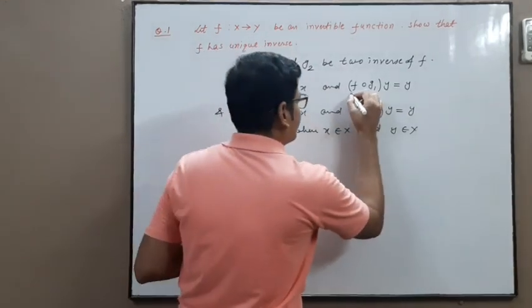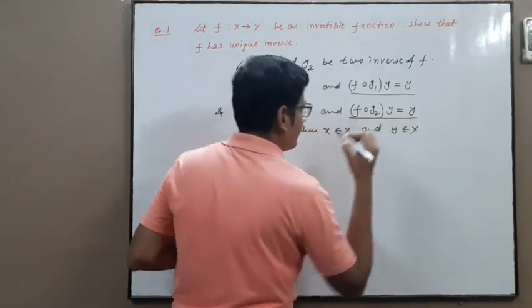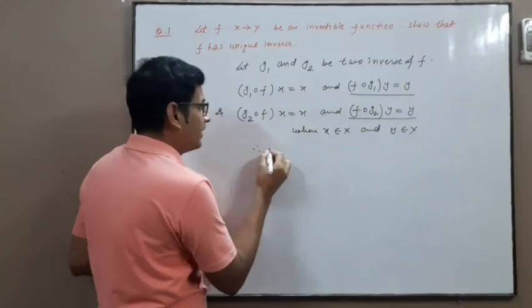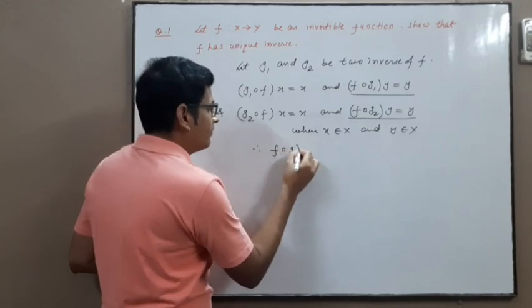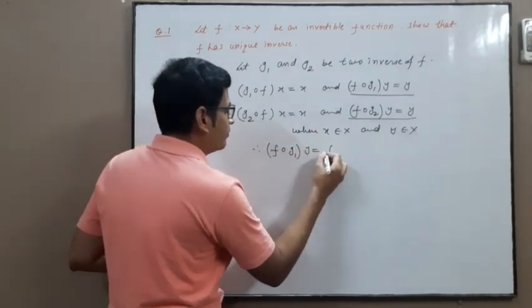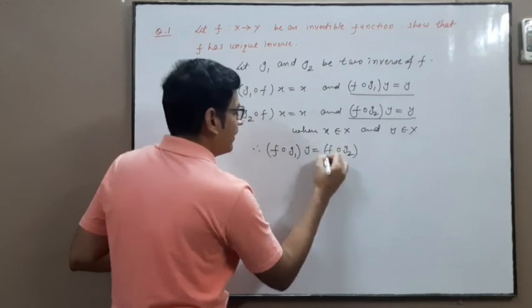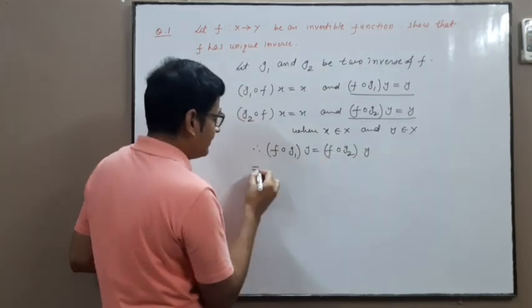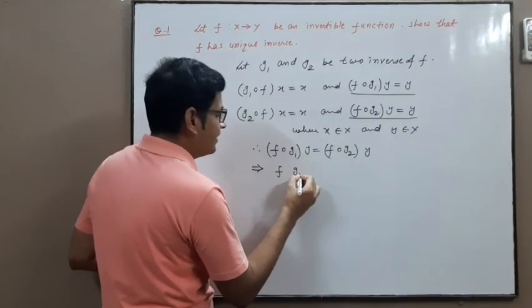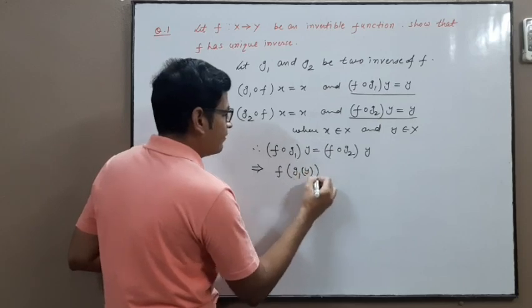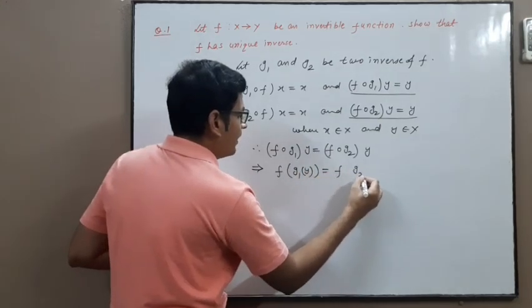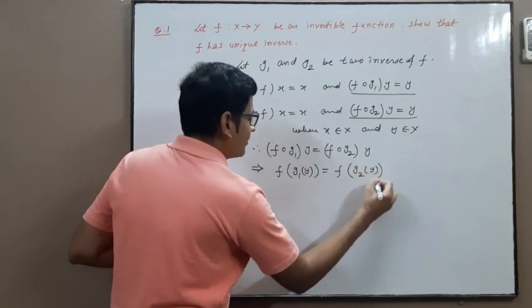Now f of g1 of y equals y and f of g2 of y equals y. Therefore both are equal. So f of g1 of y is equal to f of g2 of y, by composition of two functions.